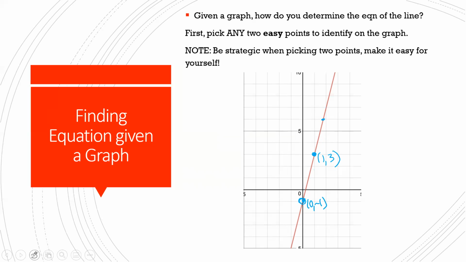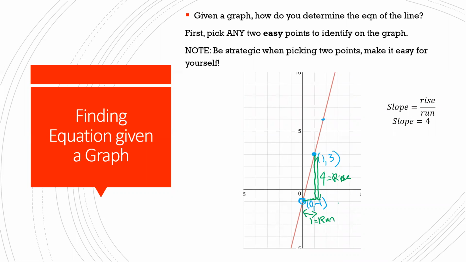So what I'm going to do next is simply calculate my slope. If I draw a little triangle between them, I can see my rise is 4 and my run is 1. So if my rise is 4 and my run is 1, then my slope will be 4 divided by 1, which is 4, right?